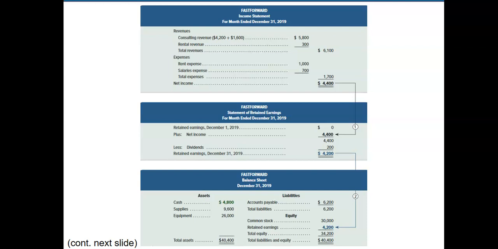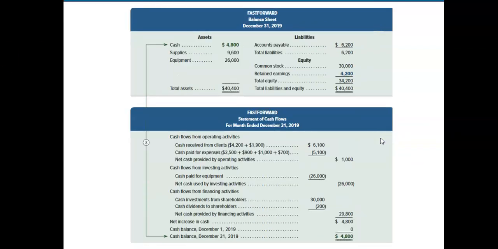From the statement of retained earnings, that information goes to our balance sheet. And then the statement of cash flows explains the amount of money in our cash account on our balance sheet. That is the end of chapter 1.